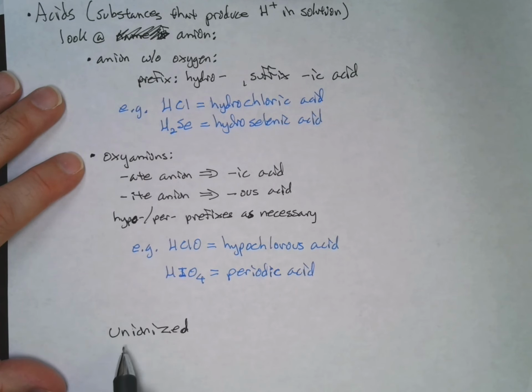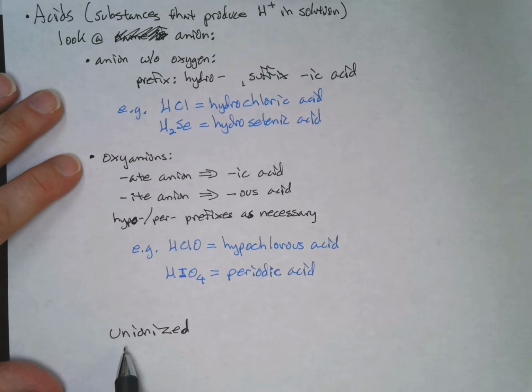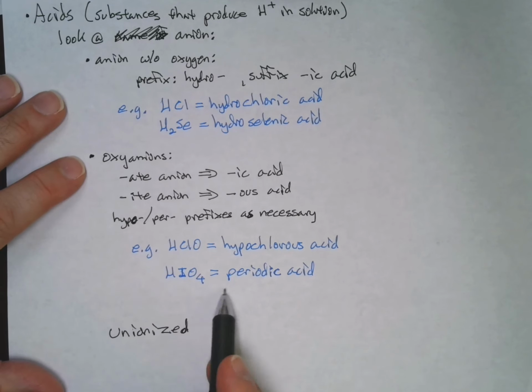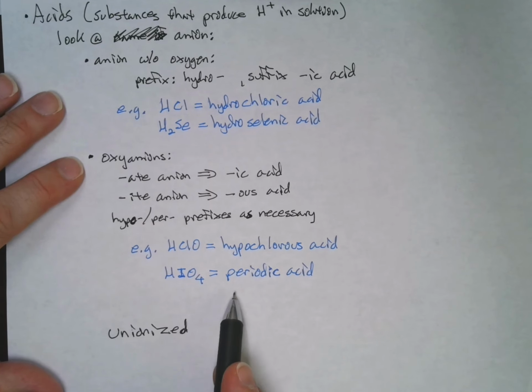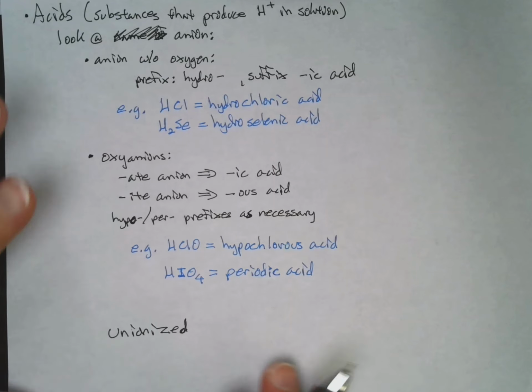A chemist would typically pronounce it unionized, and a plumber or someone else in the trades who may belong to a union would say unionized. Sort of like per-iodic acid versus periodic acid. It's not periodic, it's per-iodic.